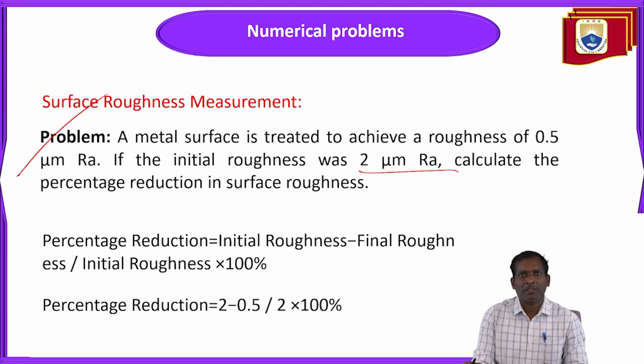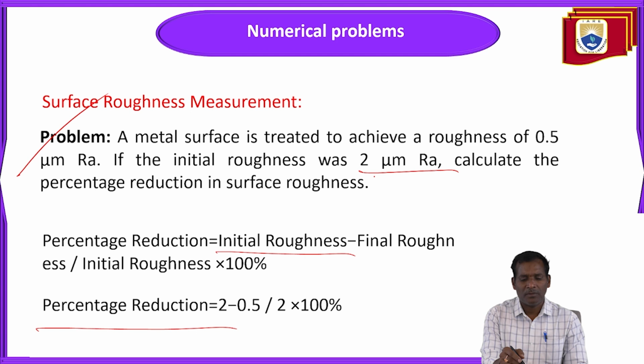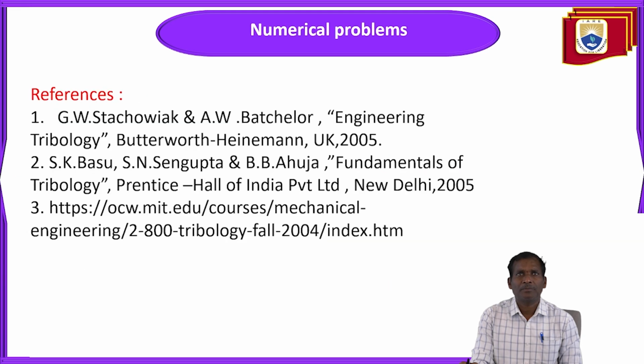Percentage reduction is initial roughness value minus final roughness divided by initial roughness value. The initial value is 2 and the final roughness is 0.5. So 2 minus 0.5 divided by 2 multiplied by 100%. So you will get the surface roughness reduction.